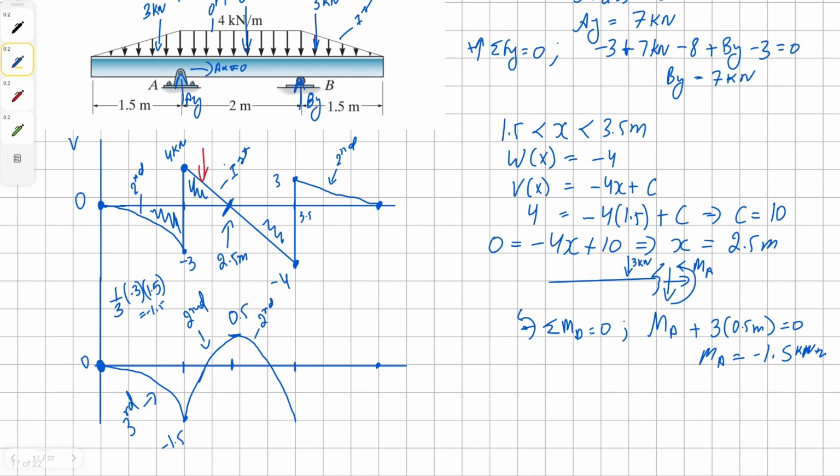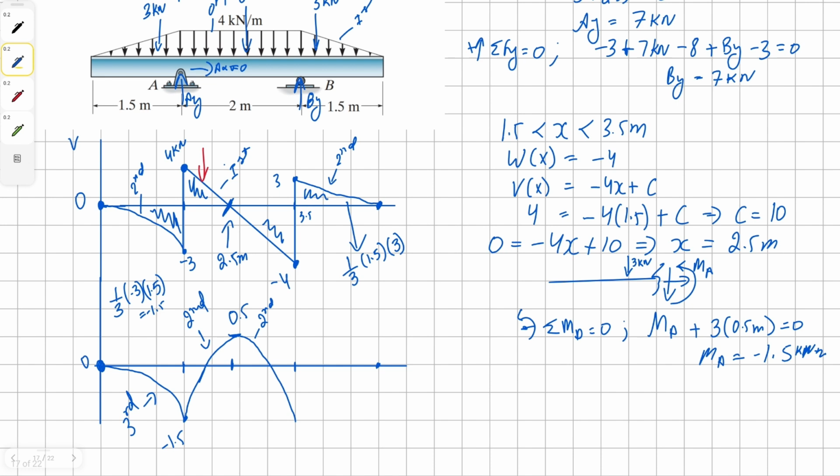Now that we have done that, we know that this area is under a second order curve. So we can, and it's symmetrical in terms of the other area, but just for visual purposes, I'm going to use our formula again. So 1/3 times the length of the beam, or the length of the shear, 1.5 meters, and our shear, which is 3.